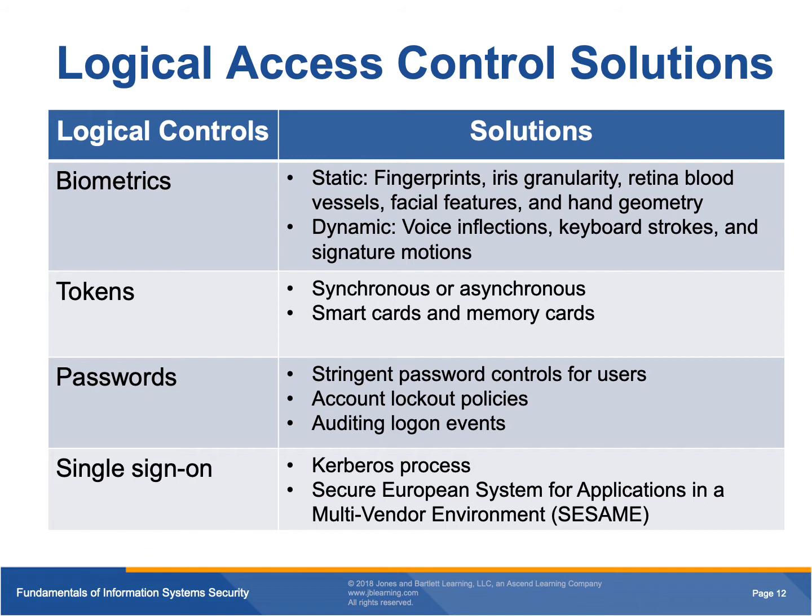We have tokens, so either synchronous or asynchronous tokens. So things like a smart card, for example, a memory card, a SecureID RSA token, which is what I use on a regular basis, and other systems or solutions of that nature. But it's something that you have, the token. The biometrics is something that you are as a person, so that's a different type.